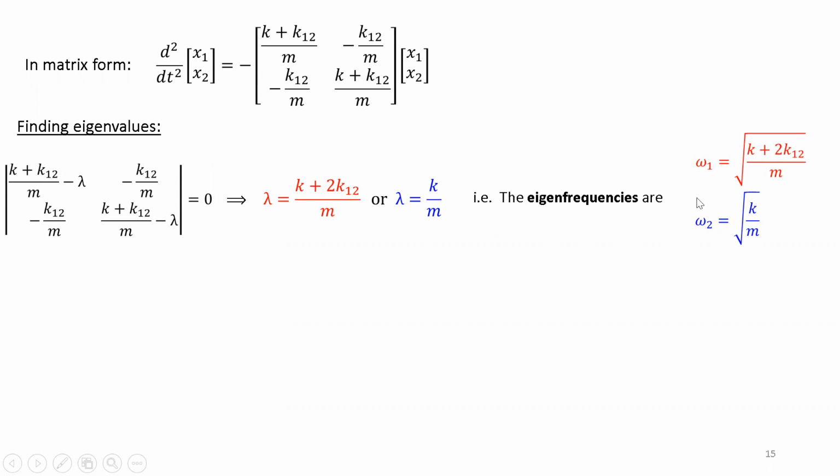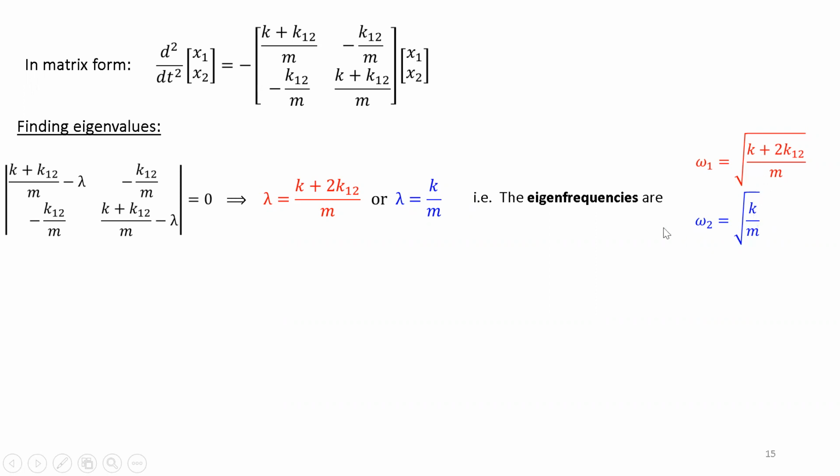This omega 1 and omega 2 are called the eigenfrequencies. Whenever you see problems in coupled oscillators, you hear the term eigenfrequencies. So there are two frequencies that exist in this system, as I'll explain more. But these are the two numbers.